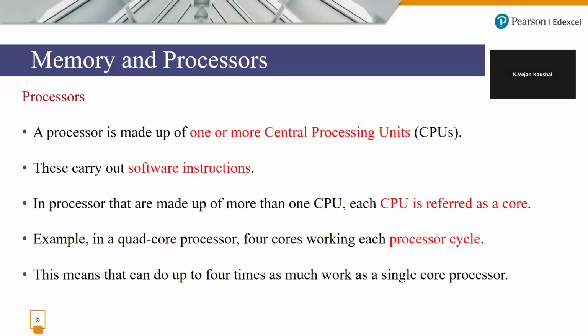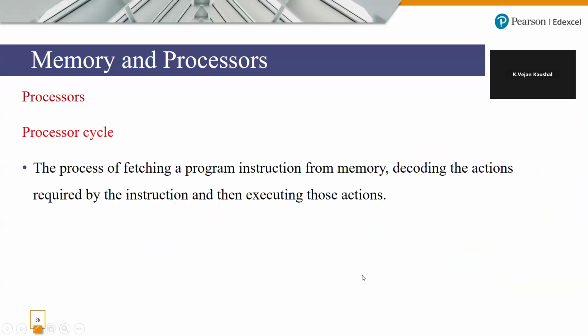Now the processor cycle will happen. In your syllabus, they added just fetching a program. So I will show what will happen. When it comes to the processor, there is a working process that happens. We call it the processor cycle. First, they need to fetch the program instruction from the memory.